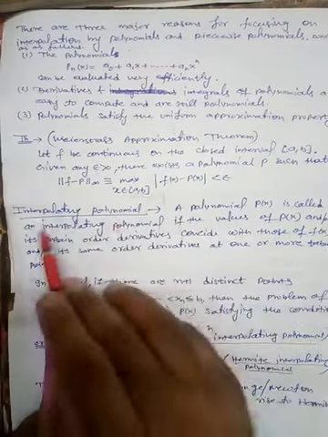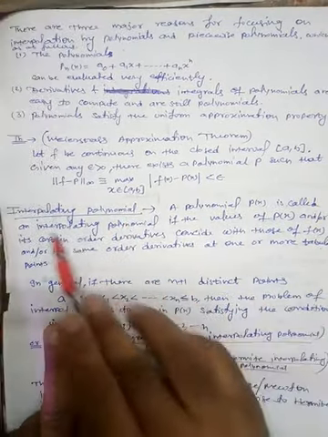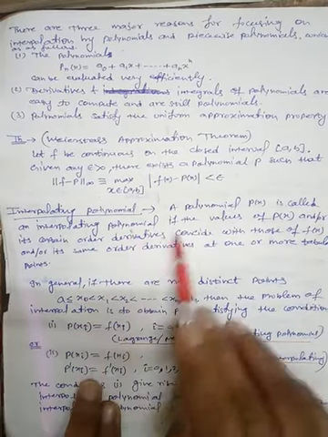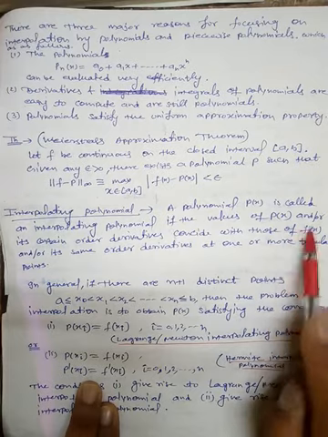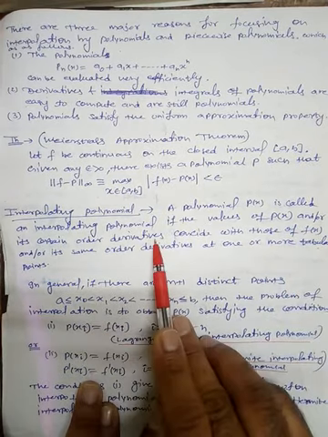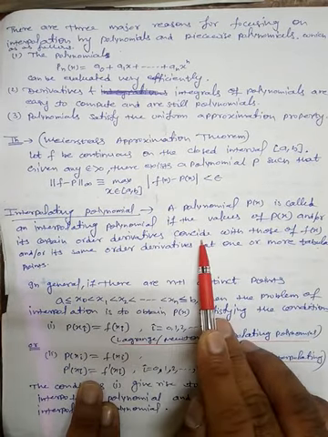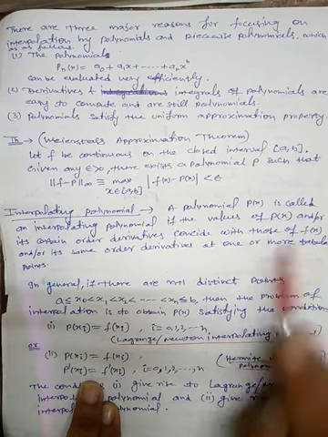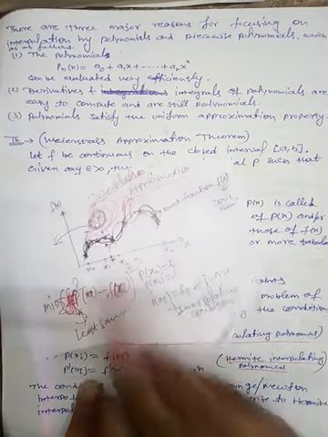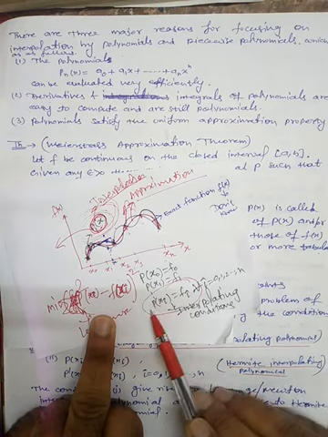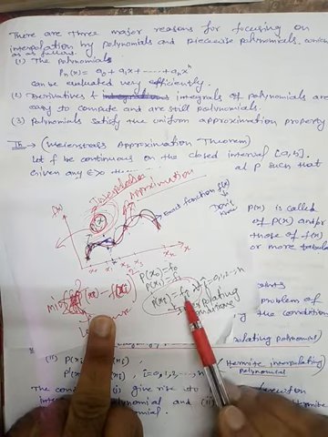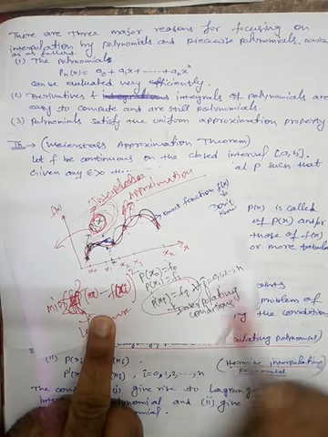A polynomial p(x) is called an interpolating polynomial if the values of p(x) and/or its certain order derivatives coincide with those of f(x). That means, satisfying this condition, the values of p(xi) and fi will coincide for all the node points.